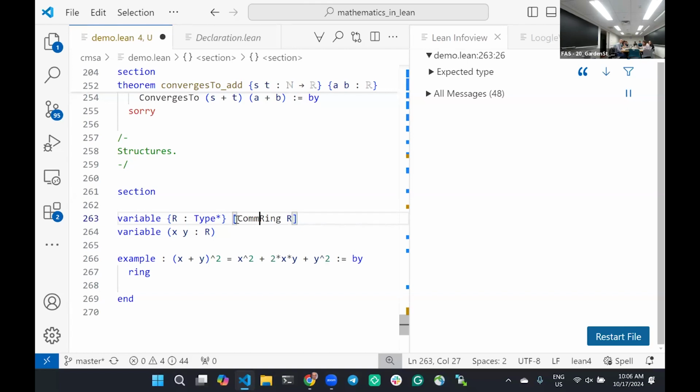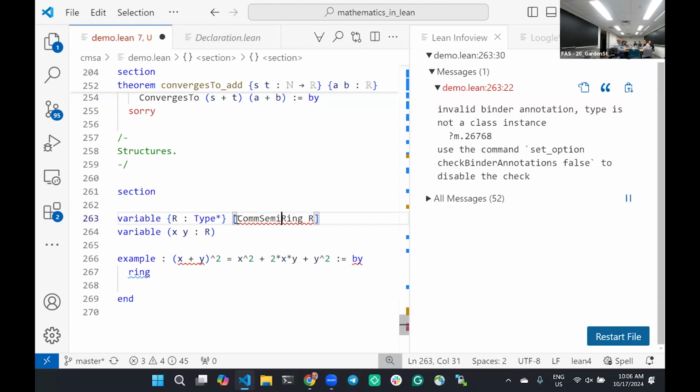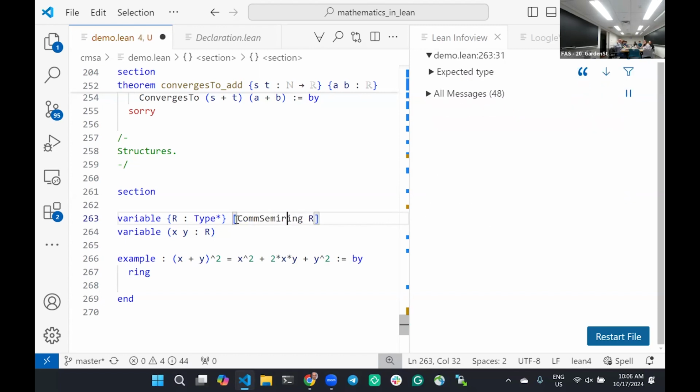The reals are an instance of a CommRing. So in particular, the identity proved will hold for the reals, but we've proved it in more generality. And in fact, the identity doesn't need the fact that you have subtraction. So in fact, with slightly more generality, we can generalize it to a CommSemiring.